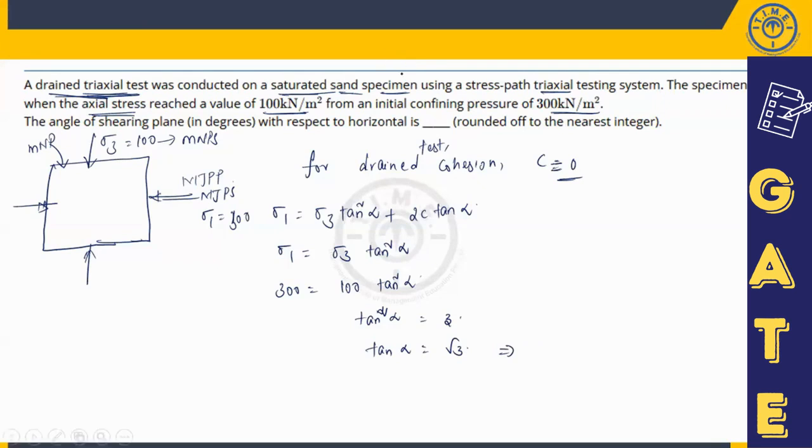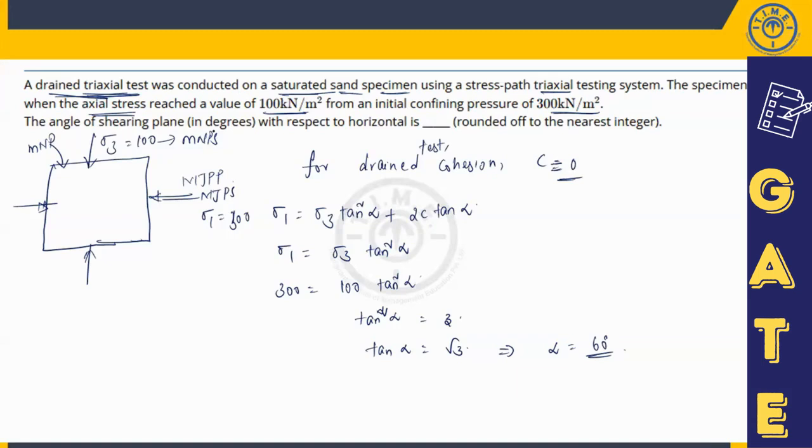Respond, tell me the answer. Tan alpha is root 3 at what angle? Tan alpha is root 3 at angle alpha equal to 60 degrees.